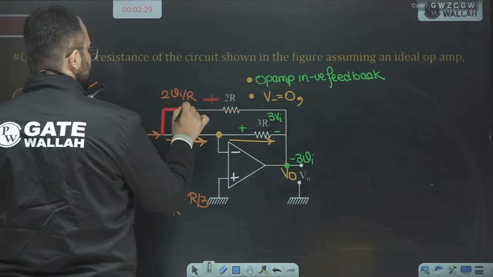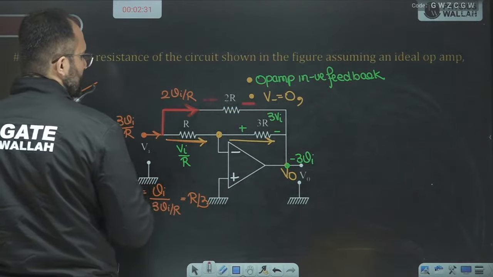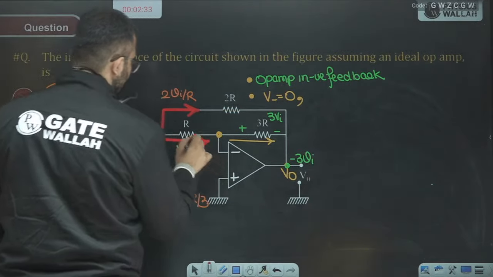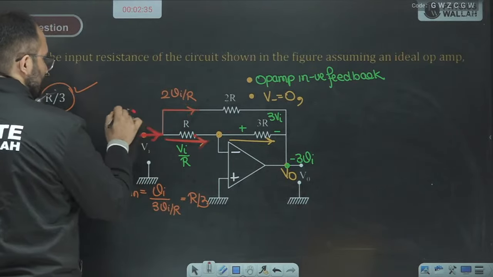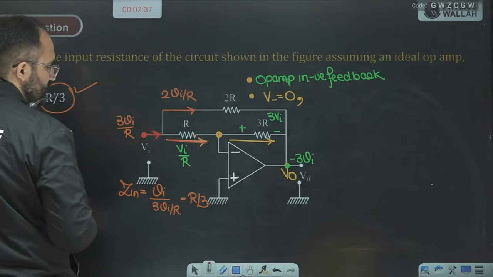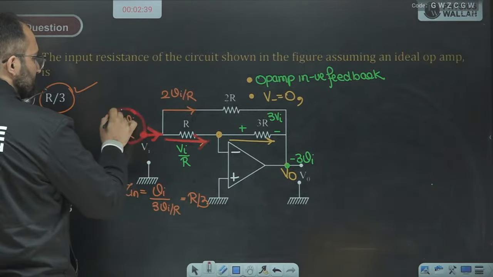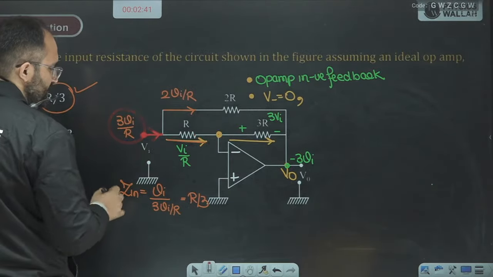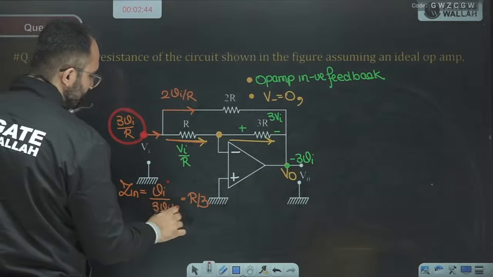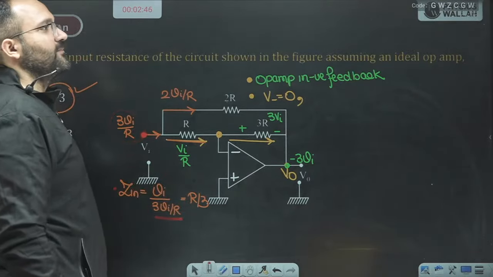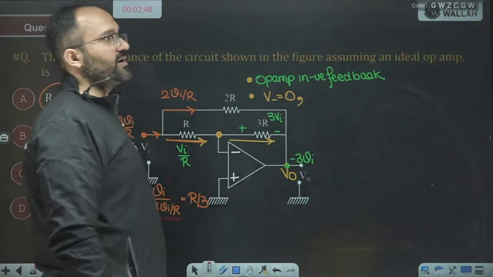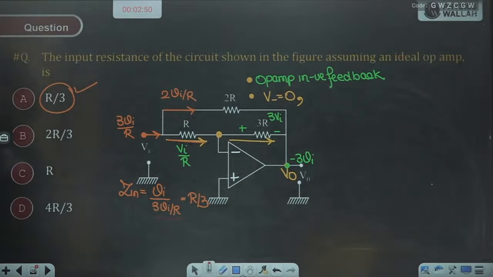VI upon R is this current, so the total current is 3 VI upon R. The voltage is VI, the current is 3 VI upon R, so input impedance is R by 3. Please check, all of you.